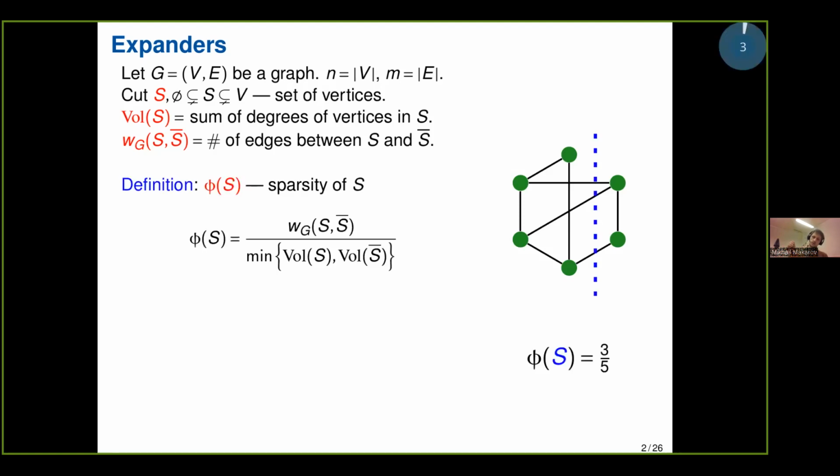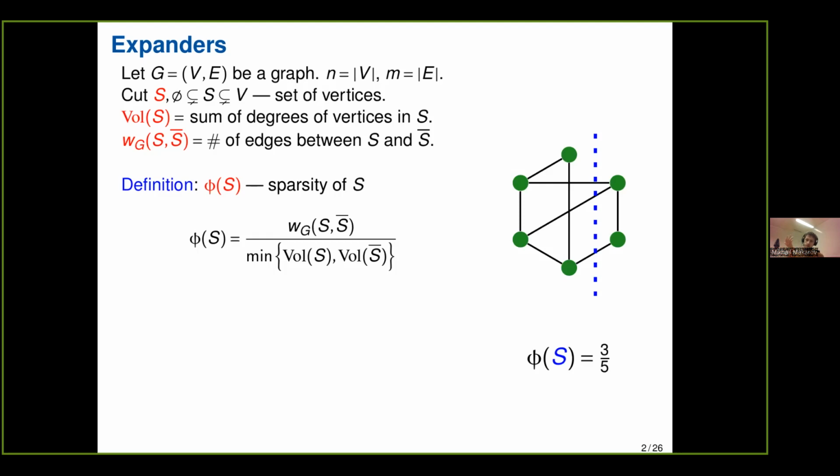Finally, the most important definition is the sparsity of a cut. The sparsity is equal to its size divided by the volume of the smaller side of the cut. For example, in this picture, this blue cut has size 3 because it cuts 3 edges, and its smaller side on the right has volume 5.